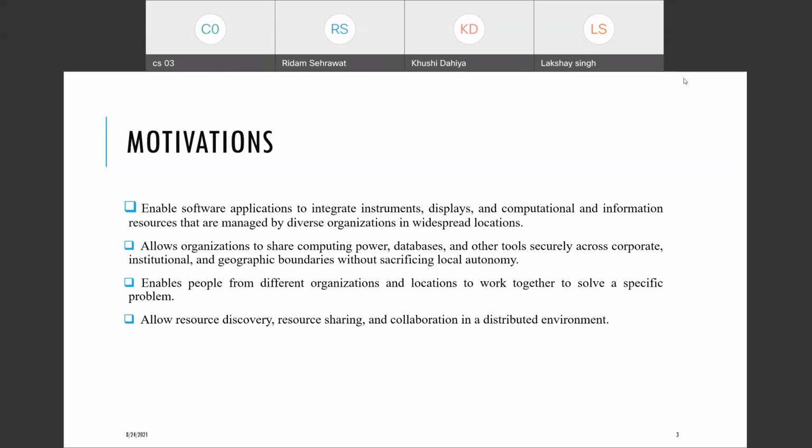Let us take one example. Suppose Khushi is going for a vacation. Khushi has her ATM card. Let us say she wants to purchase something, or she wants to pay the hotel bill. So she is swiping her card, or maybe she is using the ATM there.